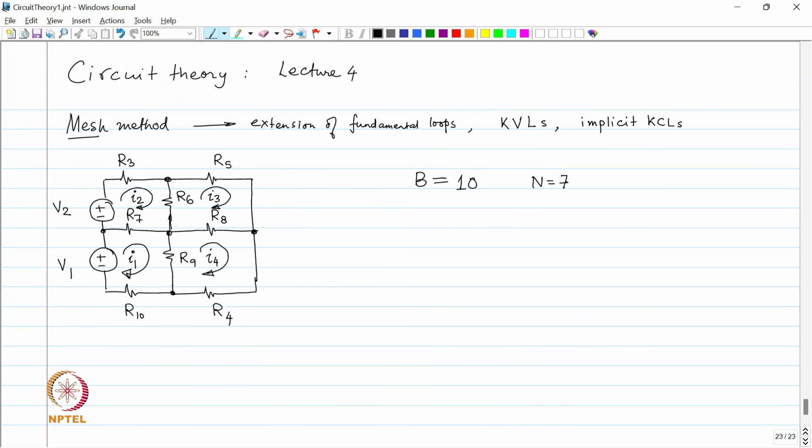Now, what is the current in R3 left to right? I2. What is the current in R5 left to right? I3. Very good. What is the current in R7 left to right? I1 minus I2. Why?